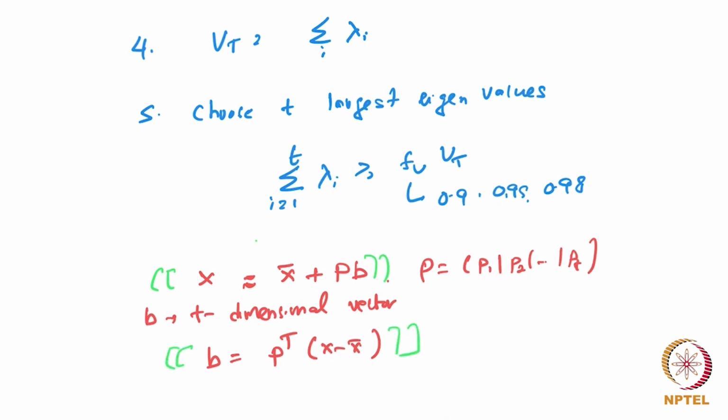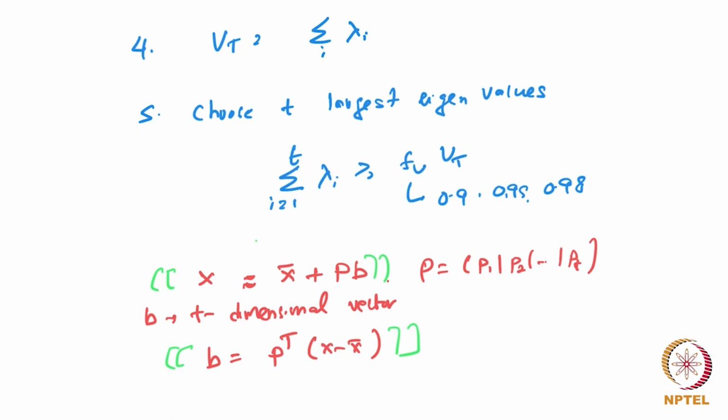So what these P eigenvectors represent is a rotated coordinate system. And the parameters b, or the new points, those are the models. So if you change b, you can change the models. They are the most significant coordinates of the shapes in this rotated frame.